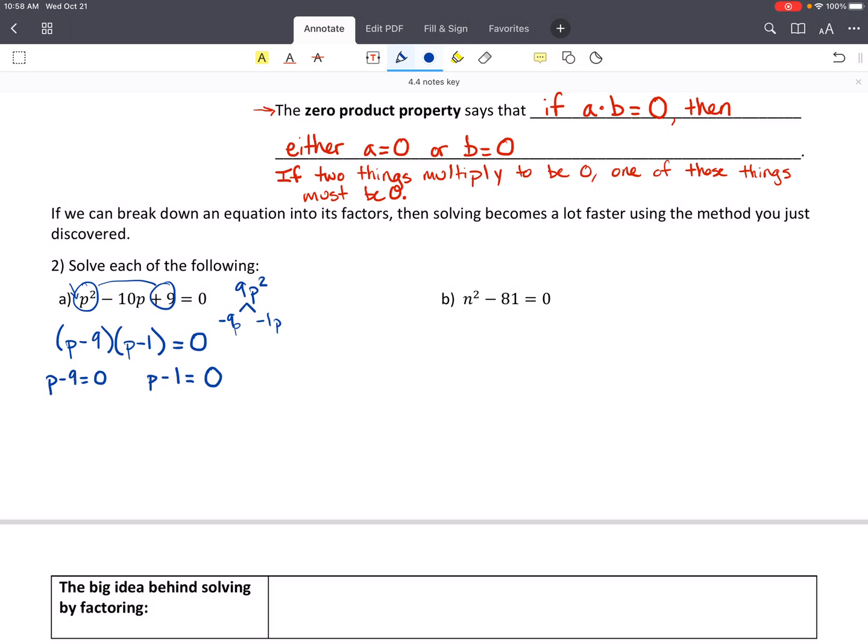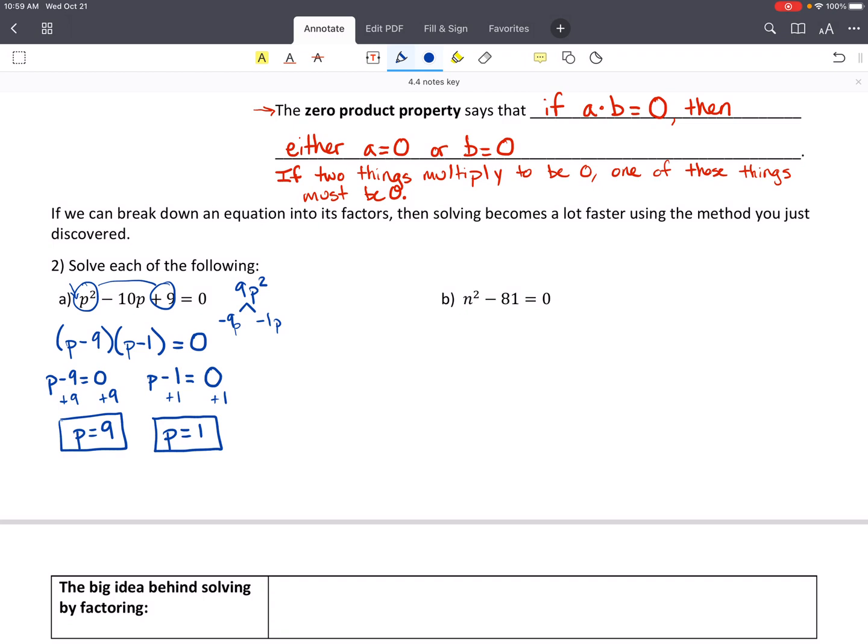So I know that either p minus 9 has to equal 0 or p minus 1 has to be 0. Well, then I can just solve for p in each of those to get p equals 9 or p equals 1. And isn't that so much faster than the quadratic formula or completing the square? This is why we like solving by factoring.